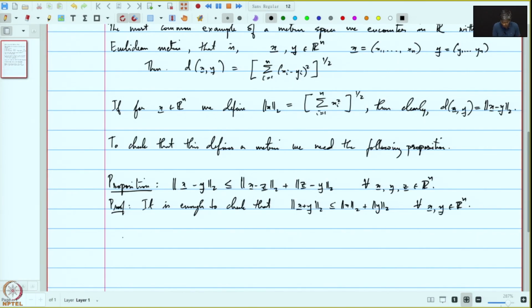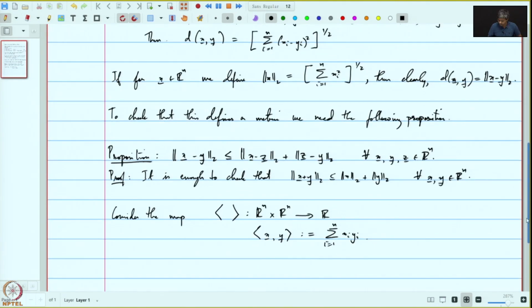In order to do this, consider the map, the inner product of x and y, defined as the sum of xi yi. We first claim that the absolute value of this quantity is less than or equal to the norm of x times the norm of y, both 2-norms.